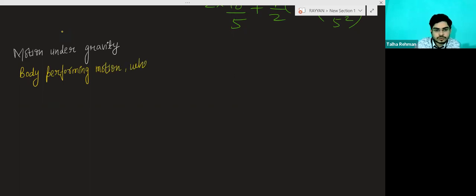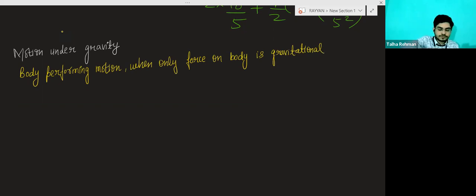You can see, if this body is moving from here to here like this, there is only one force, the gravitational force. There is no other force. If this is the condition, then you can say the body is performing the motion under gravity.